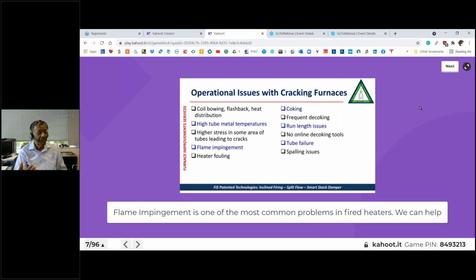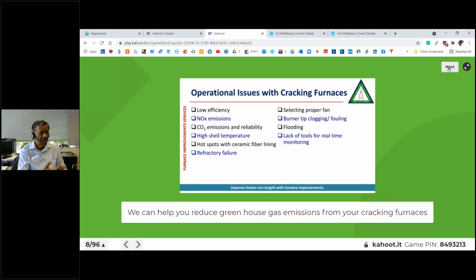In our experience, flame impingement is one of the most common problems in fired heaters, and we can definitely help you improve your burner's flames. Look at all these questions, and these are all feedback we have received from you, like low efficiency, NOx emissions, CO2 emissions, high shell temperature, hotspots, refractory failures, fans, burner tip clogging.